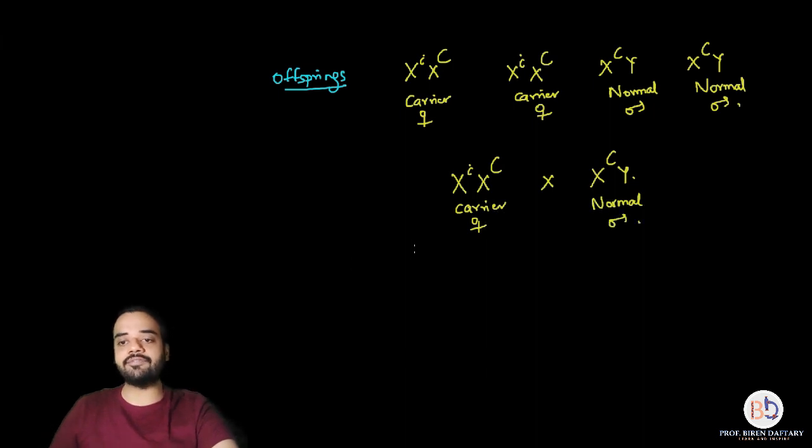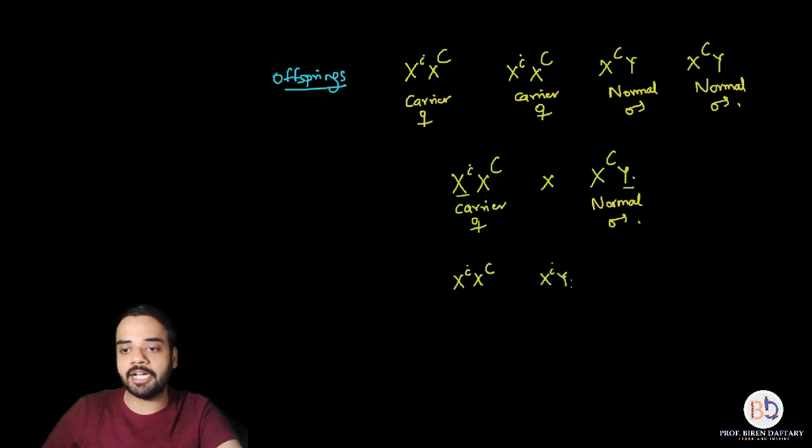Now in this case, I'm not writing the gametes and everything. The first possibility will be this and this, right? So that is going to be what? That will be again a carrier female, right? The other possibility will be this and this. This is going to be a colorblind male. So this is an affected male.